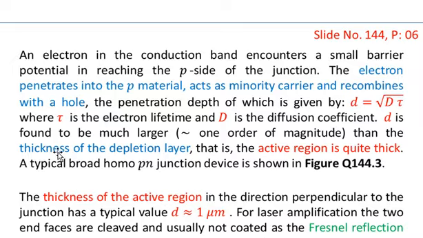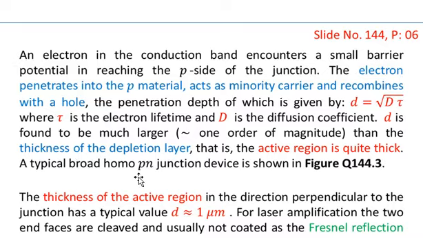Small d is found to be much larger, of the order of one order of magnitude greater than the thickness of the depletion layer. That is, the active region is quite thick, thicker than the depletion region.